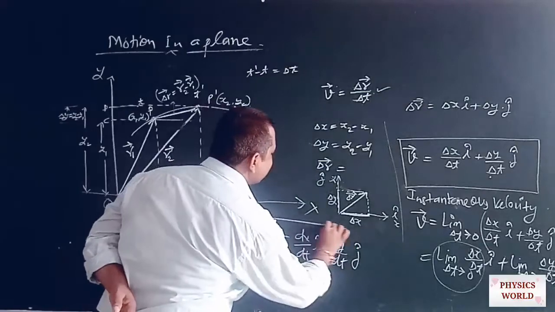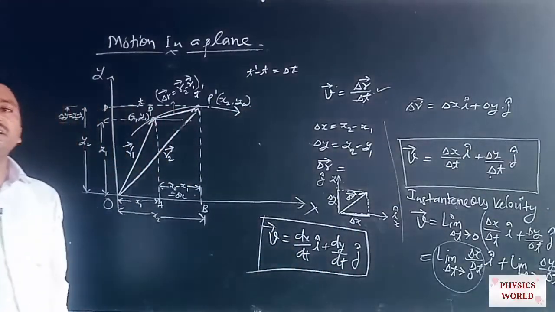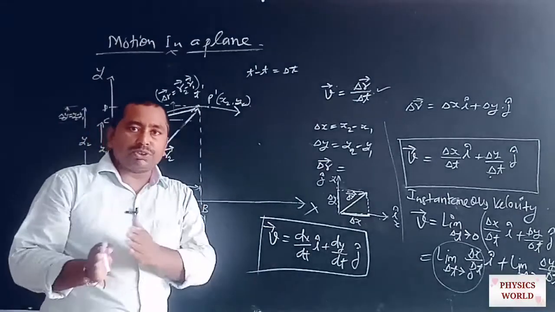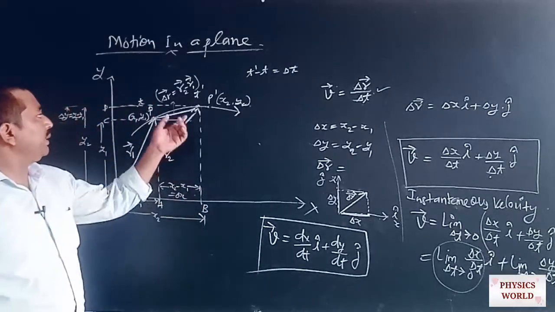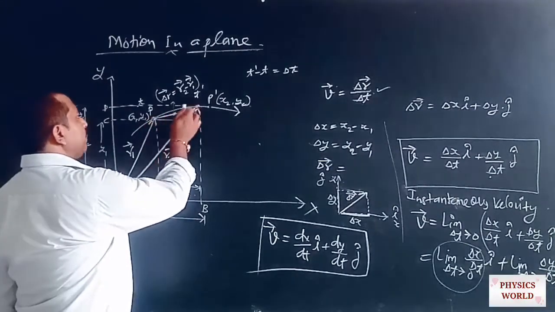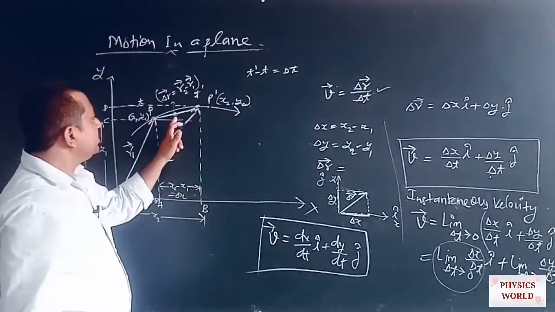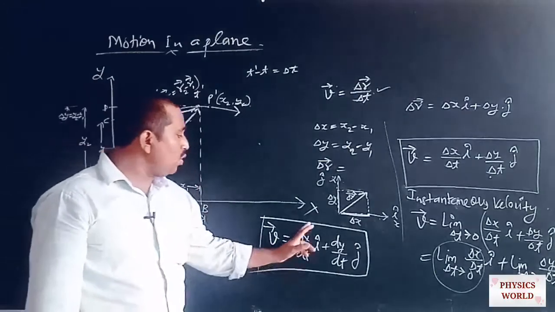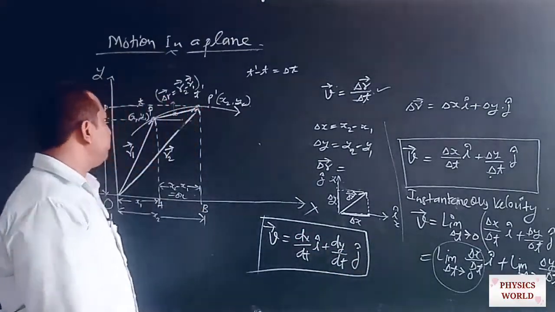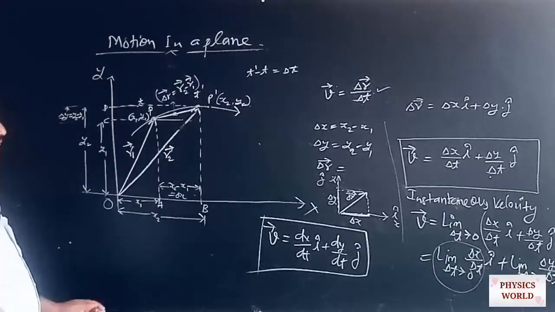This provides the instantaneous speed of any object at any point or near about any point. So if any object is moving between P and P dash with any velocity, then that velocity has a value of dx by dt i plus dy by dt j. Okay, this is the simple formula for the instantaneous velocity.